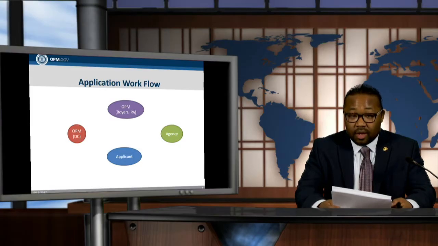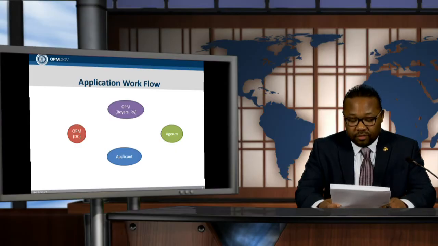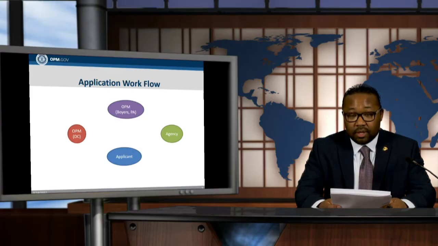If the applicant is separated, the agency still needs to submit the 3112B, which is the supervisor statement, and also the 3112D, which is the accommodation efforts, even if the applicant has been separated.